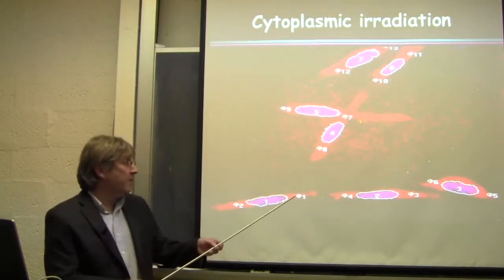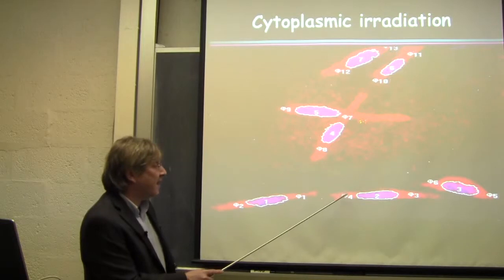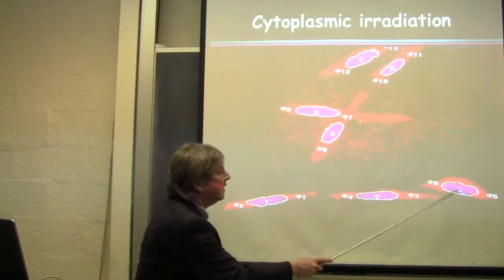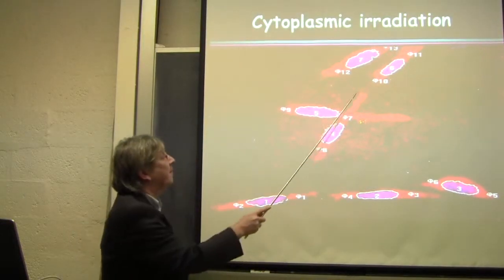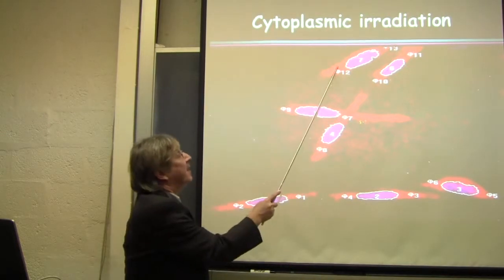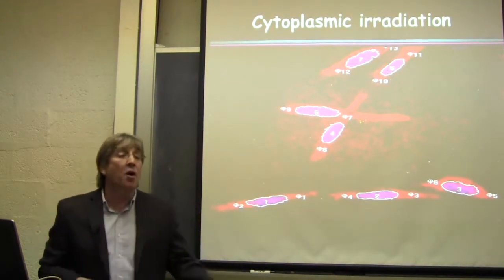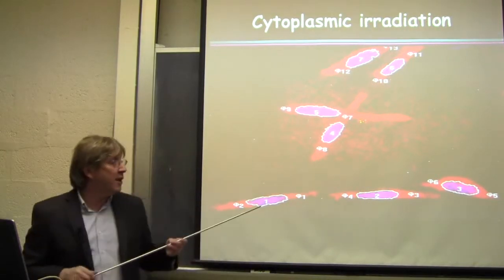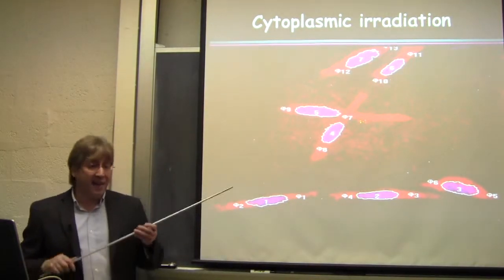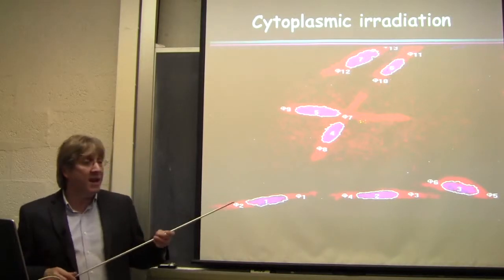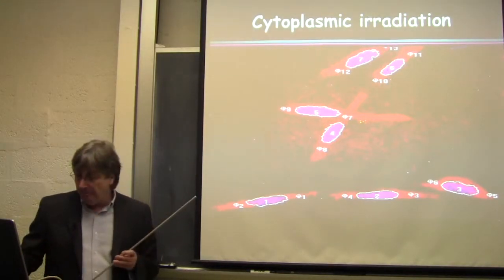So the microbeam is hitting the cell here, here, here, here, and so on. So in all cases, hitting the cytoplasm, but not irradiating the nucleus at all. And again, that's something that you can't do in any direct way without a microbeam.